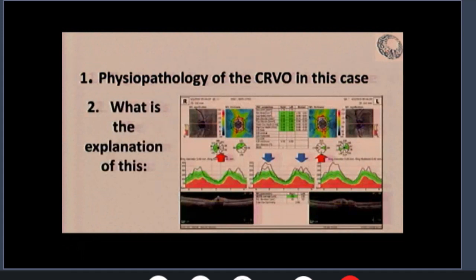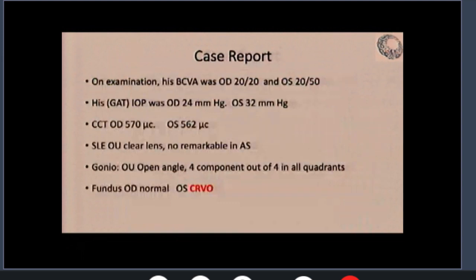I'm asking what is the pathophysiology of the central retinal vein occlusion in this particular patient, who has high intraocular pressure. It not only causes glaucoma, but also, against the neuroretinal rim, compresses the blood vessels and can cause a central retinal vein occlusion, central retinal blood vessel occlusion, artery or vein.